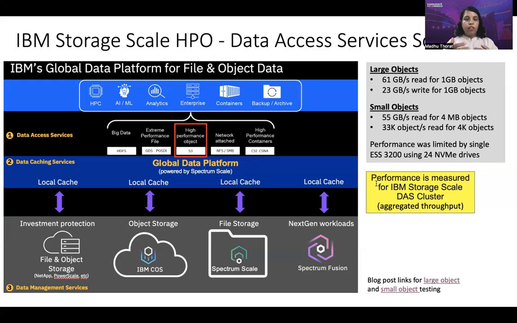So to conclude, the IBM Storage Scale High Performance Object Storage solution meets the demands of storing unstructured data as objects, and it provides access to the data at high speed and low latency. And this solution is also scalable.